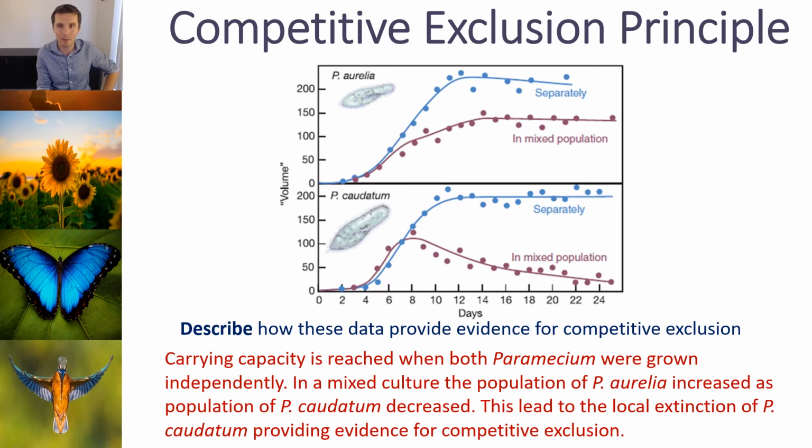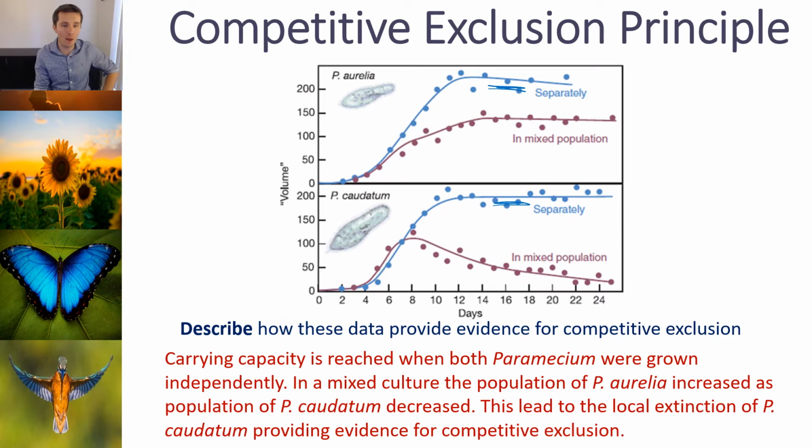This is when the population is starting to steady, so we can see that it's reached what we refer to as its carrying capacity. And you notice that its numbers are much higher than when in mixed population. You'll also notice in a mixed culture, the population of Paramecium aurelia increases as the population of Paramecium caudatum decreases. And that's another thing.